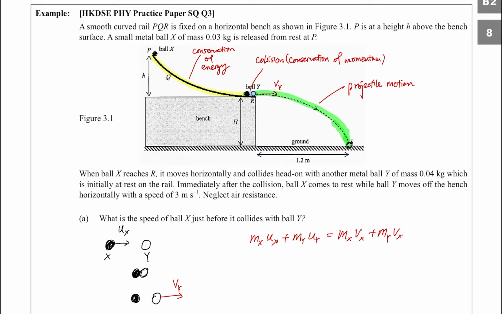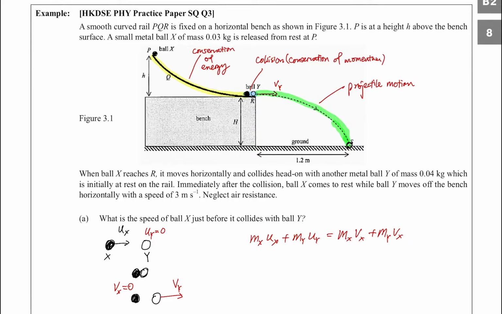One is, initially, ball Y is at rest, so we can write down uy is 0. Secondly, we see that after the collision, ball X comes to rest. So we know that Vx is also equal to 0.